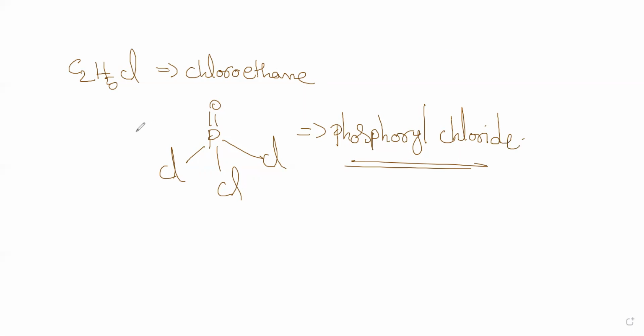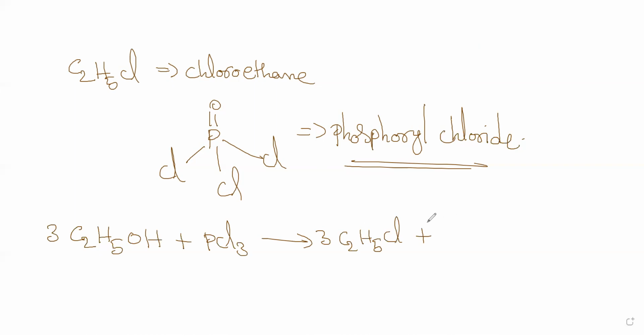And what about the treatment with PCl3? That is another interesting thing. 3 moles of C2H5OH will react with PCl3 to give us 3 moles of C2H5Cl plus H3PO3.